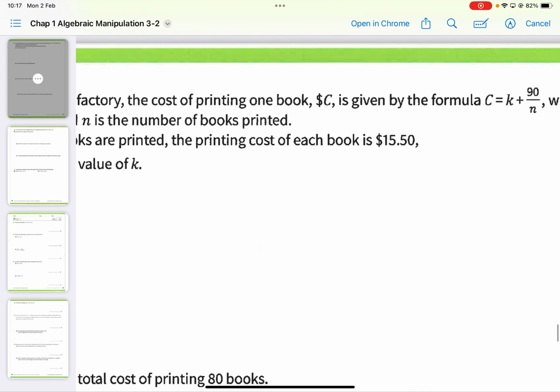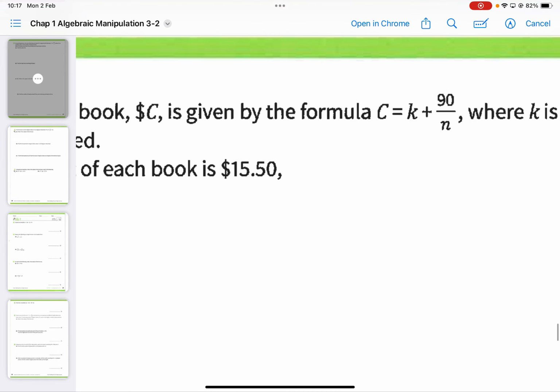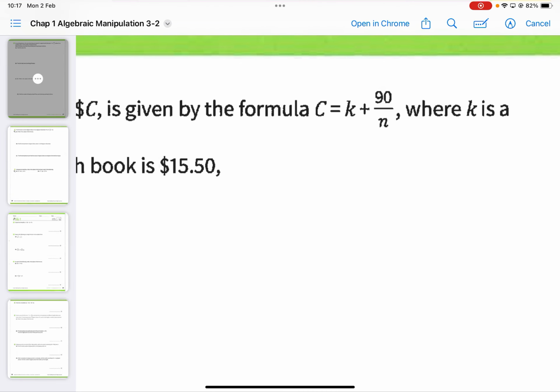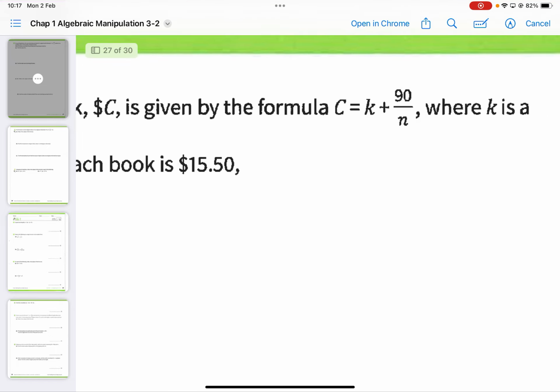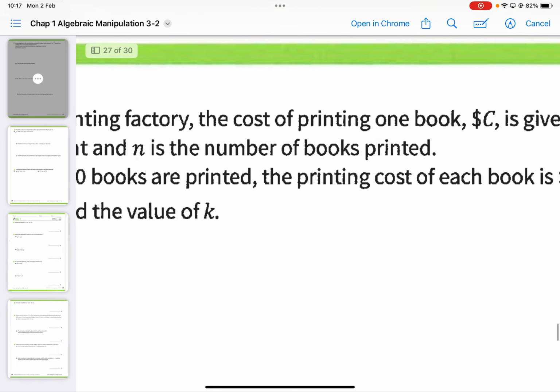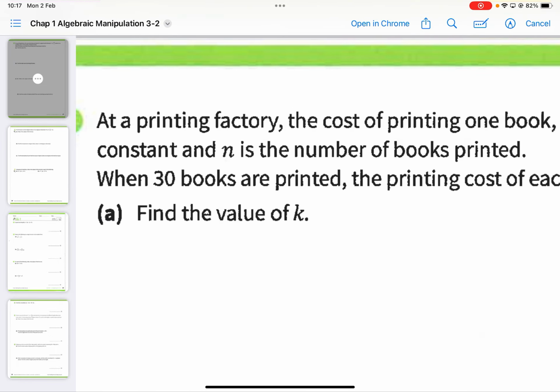Okay, for this one you all need to read the question and know what is C, what is K, what is N. C is the money. C is the cost. Okay? K is a constant. So K is a number, but we don't know what this number is yet. N is the number of books printed. So when they tell you 30 books are printed, they are telling you N equals 30.